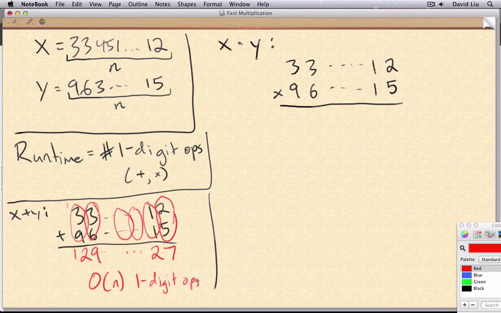What about multiplication? Well, here things get a bit more complicated, because now we have to multiply, say, 5 times 2, then 5 times 1, carrying the 1, and then 5 times 3. And we need to multiply this 5 with every single digit in x. And then what do we do?